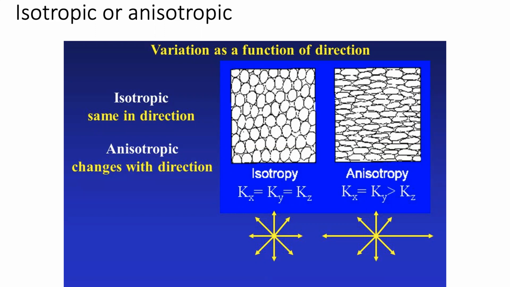So in this one, we have a more platey type of potentially clay material or a shale in the system. We see that in the X direction, there might be ability to move the water more readily, while in the Y and Z directions, there's less ability to move water.